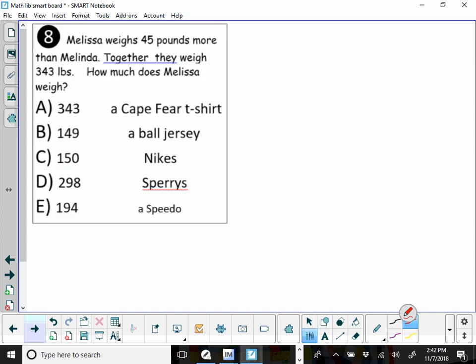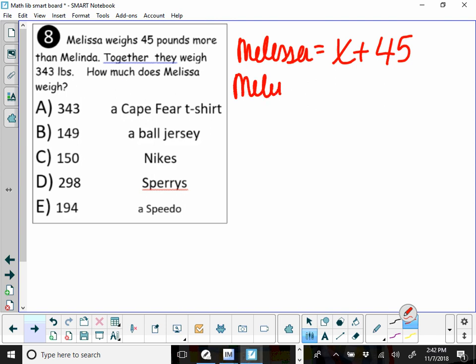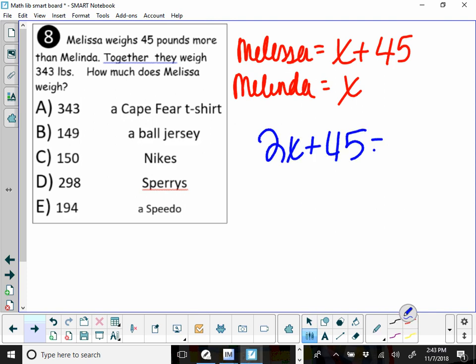Okay, number 8, Melissa weighs 45 pounds more than Melinda. So Melissa is your x plus 45, and Melinda is your x. Together, that means we're going to add those up, which makes it 2x plus 45. They equal 343 pounds.